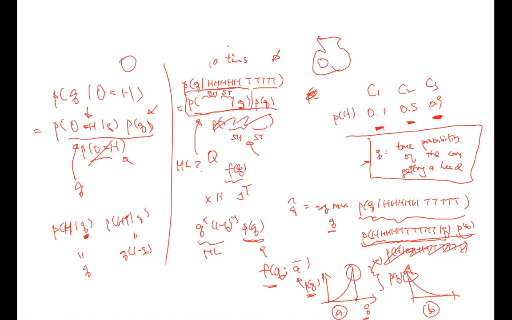So now back to this one here. We have lots of choices here. How do we define this prior probability function or distribution?